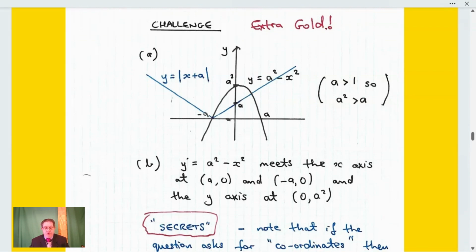The graph of y equals mod of x plus a, where when x is 0, we get y equals a, and when y is 0, x is minus a, which is going to be the point of symmetry, the spike. Given that we know a is bigger than 1, a squared is bigger than a, which gives us the relative positions on the diagram.